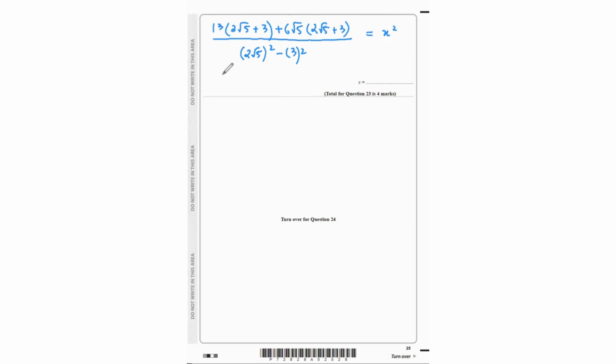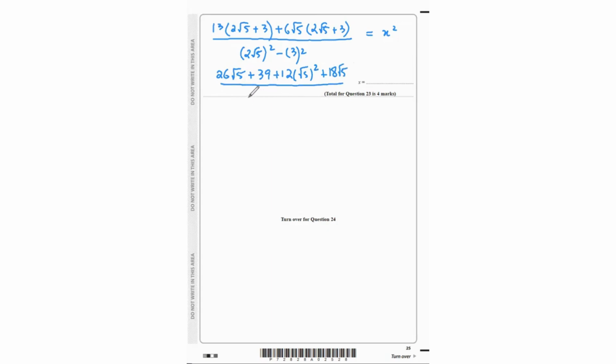13 times 2 root 5 is 26 root 5. 13 times 3 is 39. 6 root 5 times 2 root 5 is 12 times root 5 squared. And 6 root 5 times 3 is 18 root 5.